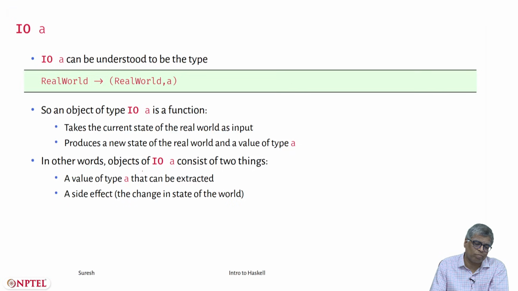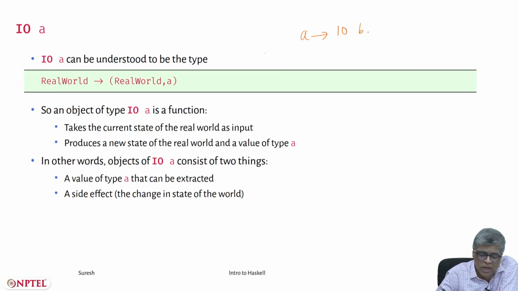Okay. And now extending this, A arrow IO B should be thought of as a function. Let's write its description here.